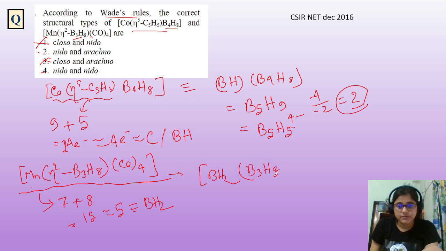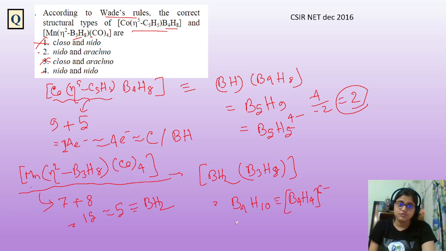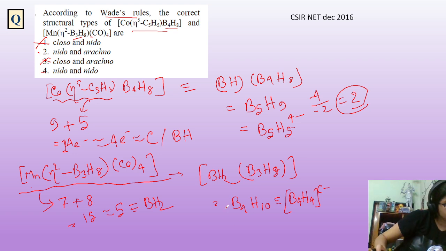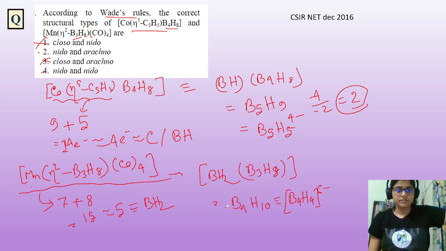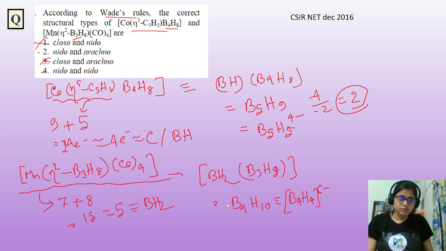B3H8, right? So total B will be 4 and H will be 10. We can write it like B4H4 and 6 minus. This can be arachno, right? This will be arachno. Which option? Two option is arachno, but let me check again.